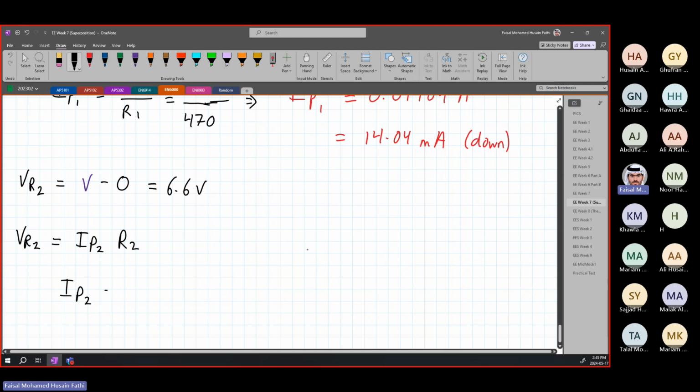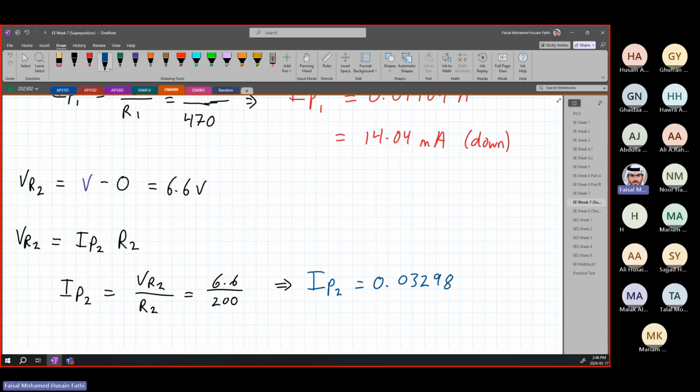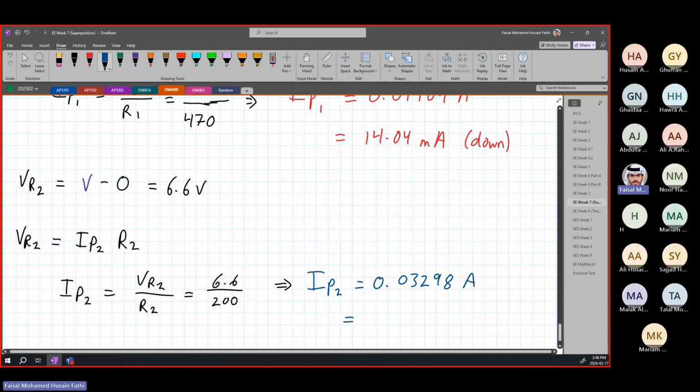IP2 is equal to VR2 over R2, so 6.6 over 200. Therefore, IP2 is equal to 6.6 divided by 200, which is 0.03298 amperes, or in milliamperes, it's 32.98 milliamperes.